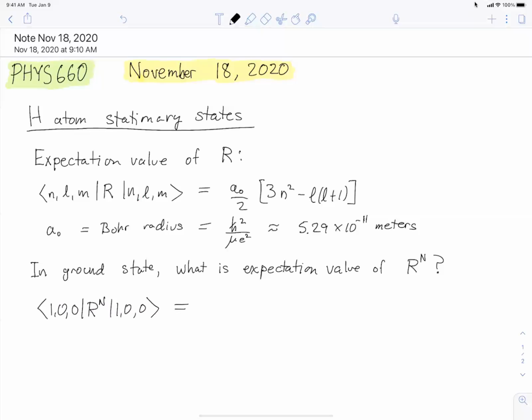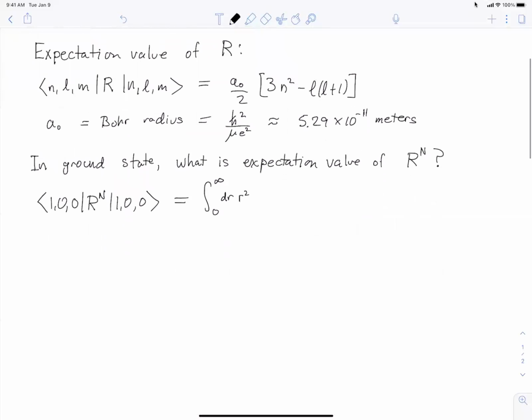And so we're going to work in position space, which means we do an integral over r, remembering the factor of r squared that comes from spherical coordinates. And we do an integral over phi from 0 to 2 pi. And we do an integral over cos theta. I think I've mentioned this before, but this is often called just integral d omega.